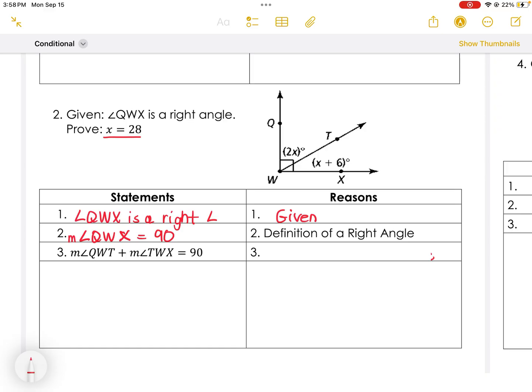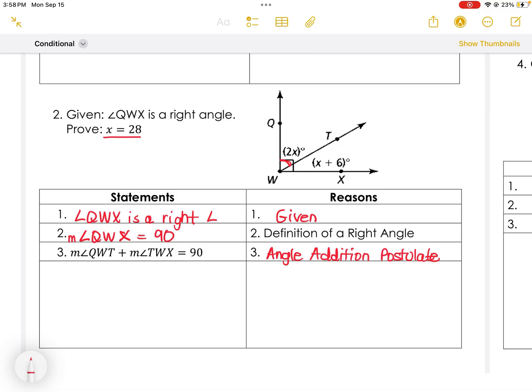And then, between steps 2 and 3, I would have added another step to show an angle addition and then substituting. But what they did right here is they used the angle addition postulate and substitution together. Never mind, they haven't done that yet.